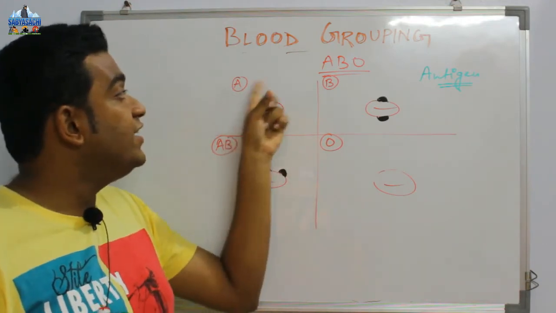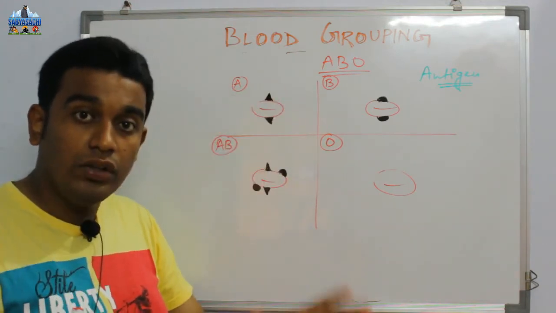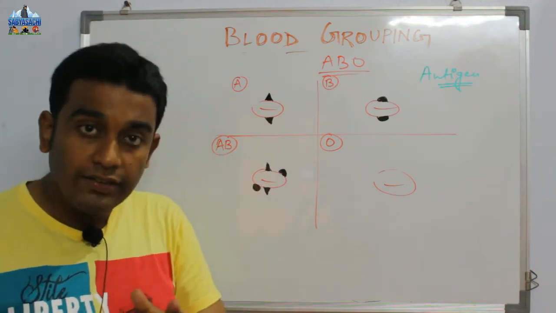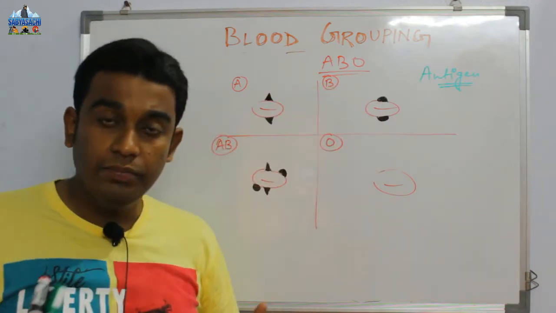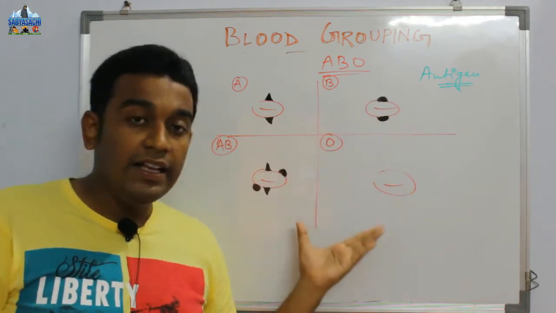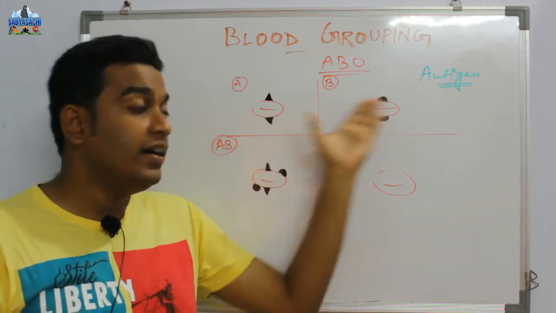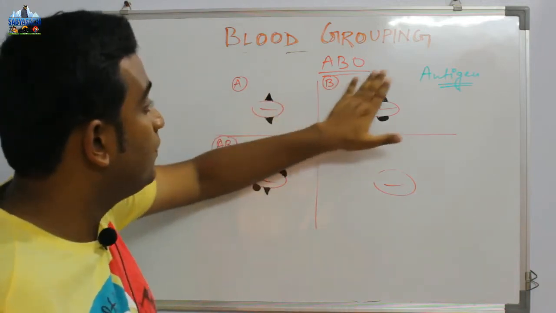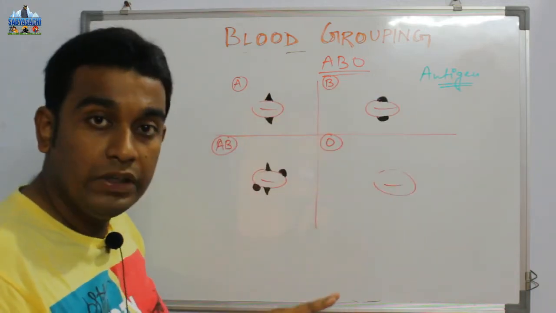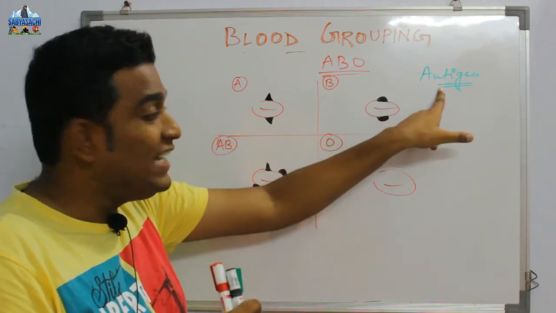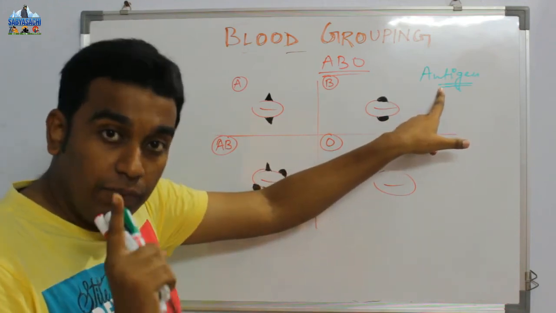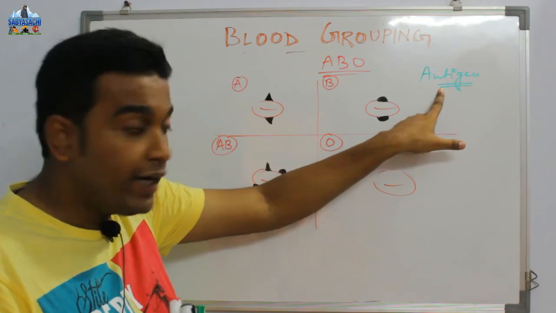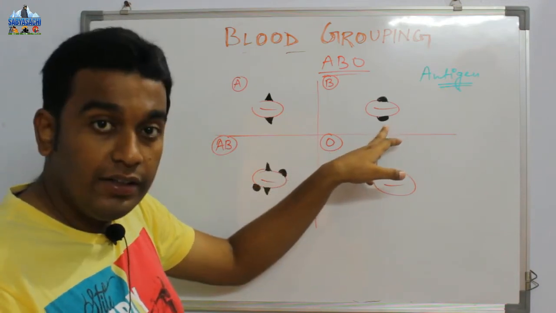Because these antigens are only present on the surface of the red blood cells. So red blood cells, as simple as that. So you've got the red blood cells, or precisely you have got the blood cells. Now suppose you have got the plasma. So these are the portions where the plasma will be visible, right? So antigens of blood will be located on the surface of the RBC.